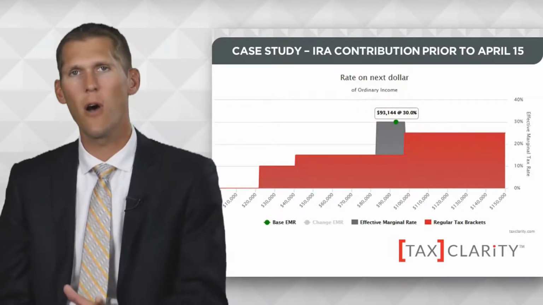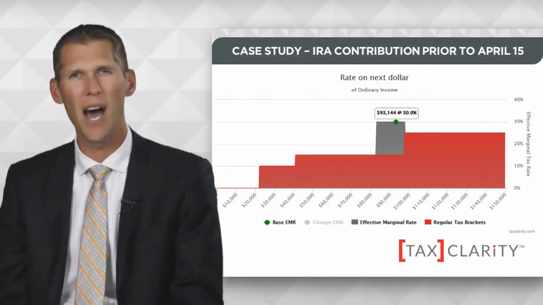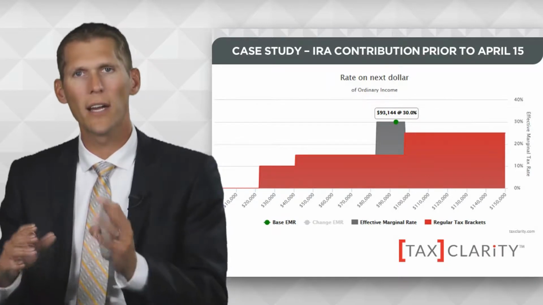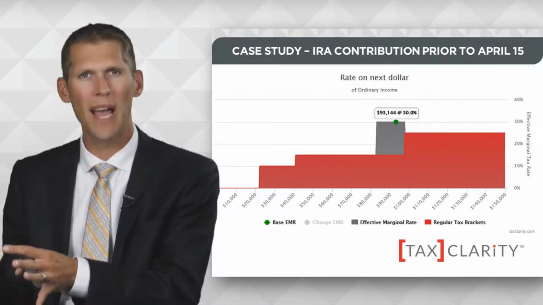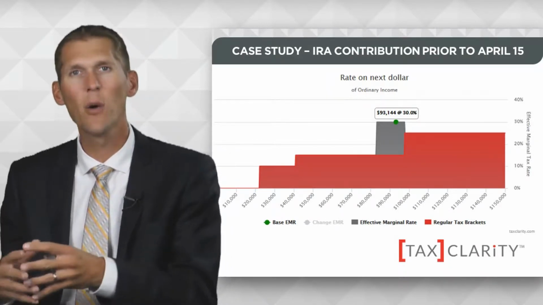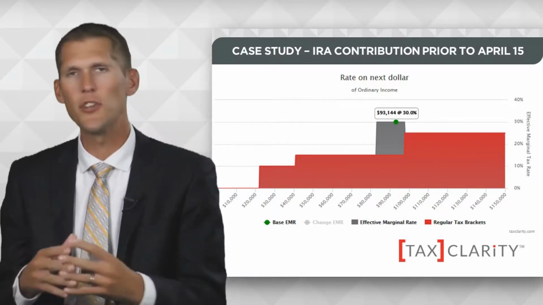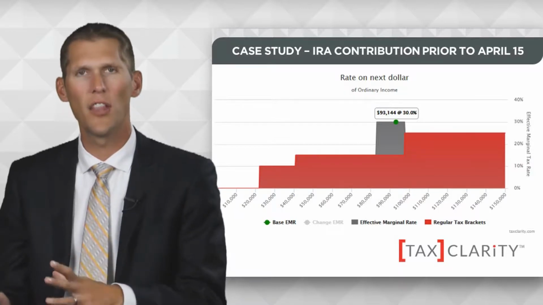You notice they're falling directly on top of that gray box. So they're falling outside the range where the only thing we have to care about is the bracket structure. Whenever we're landing on a gray box, there's an interaction between two different types of income on the return.